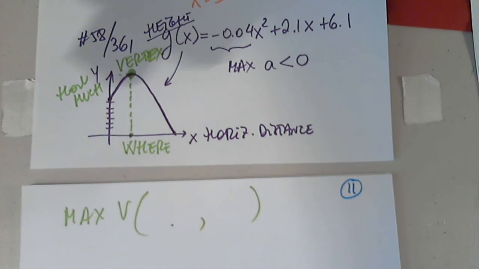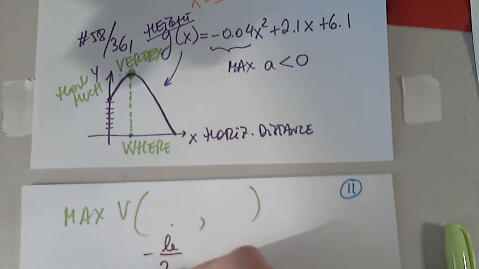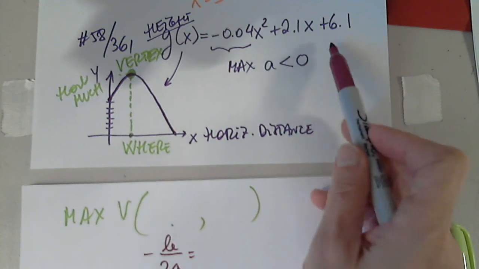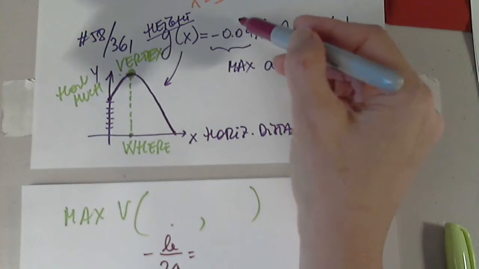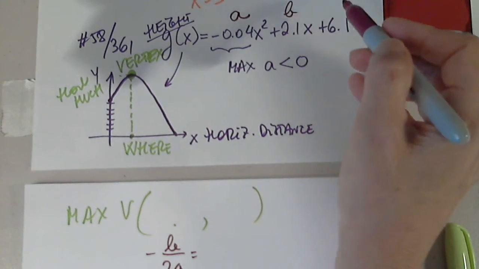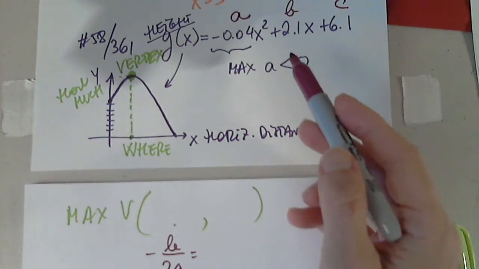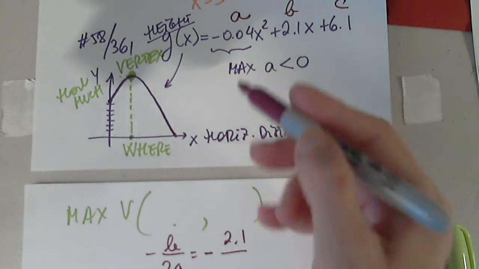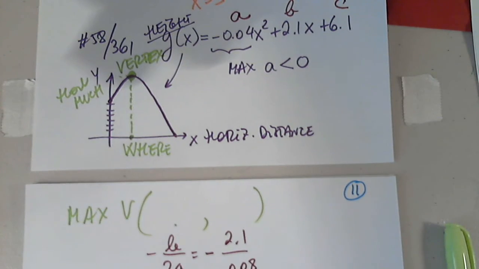So how do I find the x-coordinate of the vertex in this situation? Negative, brilliant. Very brilliant. Thank you very much. Negative b over 2a, of course. Make sure that the function is presented in descending order. They may try to confuse you, but it is in descending order, so I can correctly identify a, b, and c. Negative b, negative is outside, b is 2.1. 2 times a is negative 0.08.